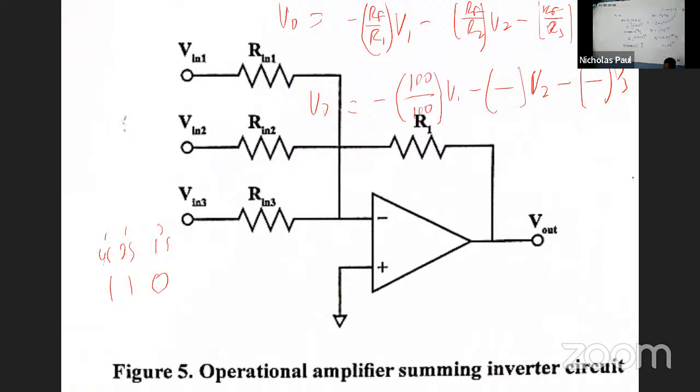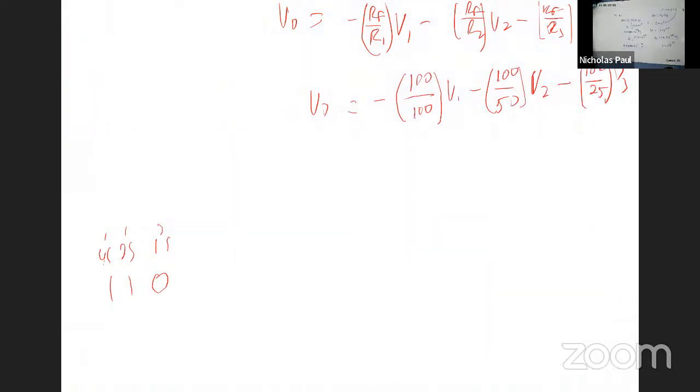By the way, I write 100 over 100, but you write RF is 100 kilo ohms, right? Next one is what? 100 over 50, nice, kilo ohms. And the last one, nice, 100 over 25. Right? That will give you 1V1 minus 2V2 minus 4V3. That'll be a V out.